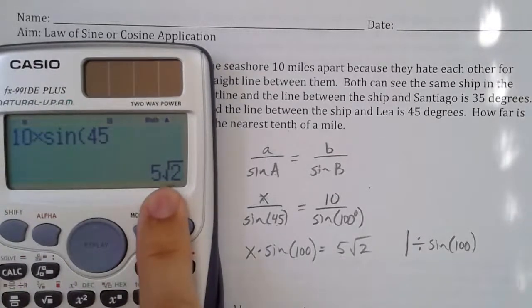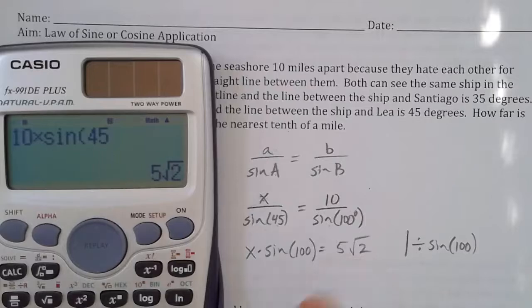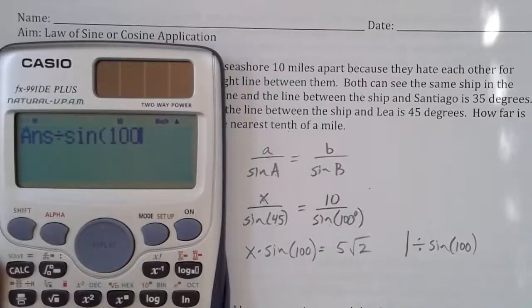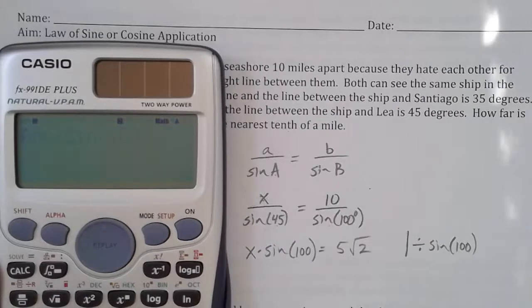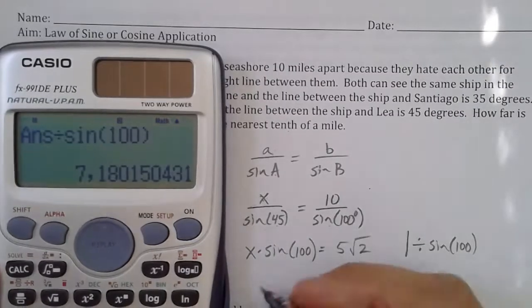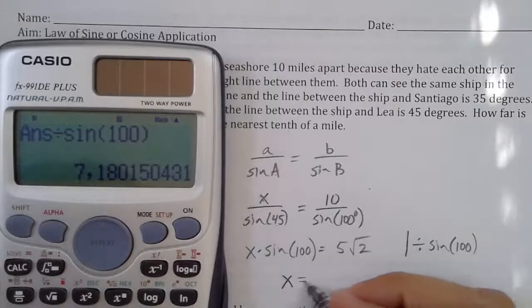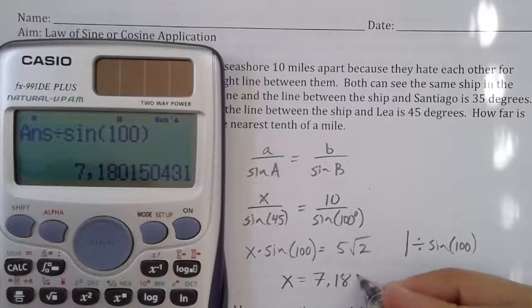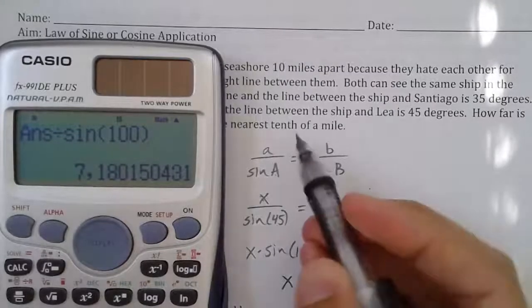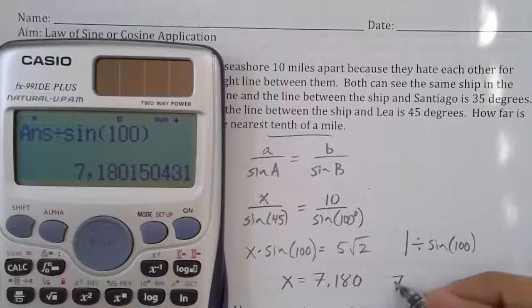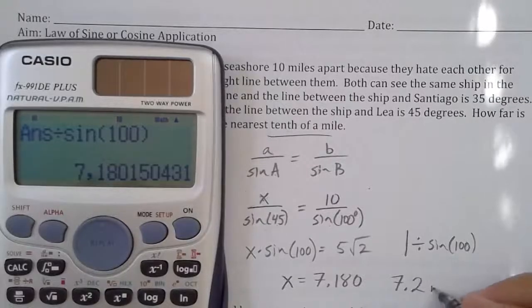You don't really need to close the parentheses, but you can. And I press enter. And I get the answer x is equal to 7.180, but it says to the nearest tenth of a mile, so I'm going to say 7.2 miles between Santiago and the ship.